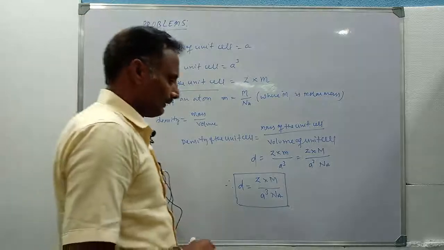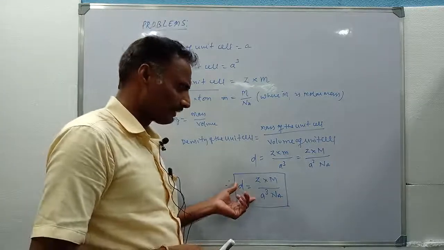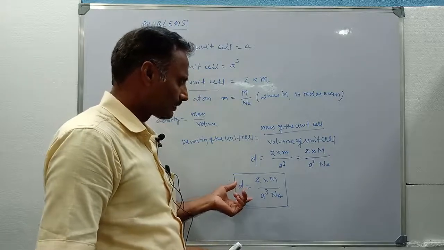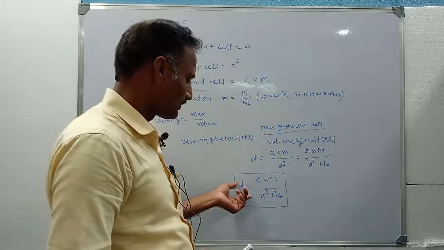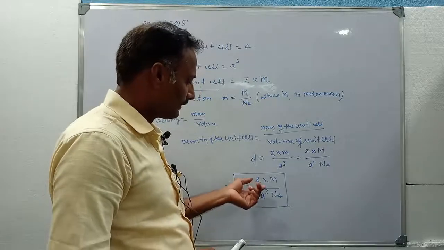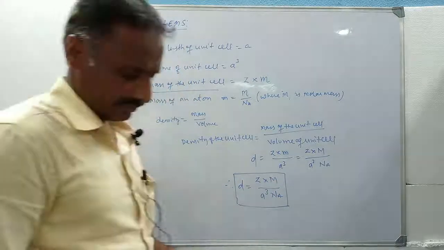Based on this formula we are solving the numbers. We are calculating the number of atoms present in the unit cell, the number of unit cells present in a given mass of the substance, and also the molar mass of the compound.